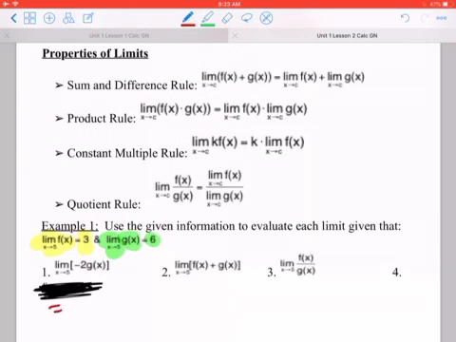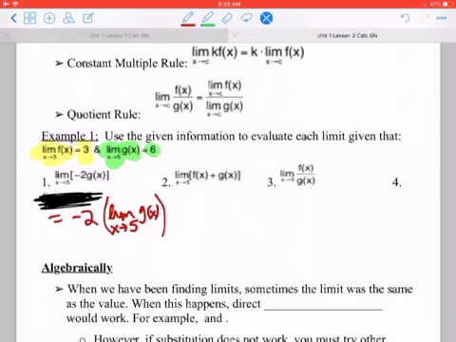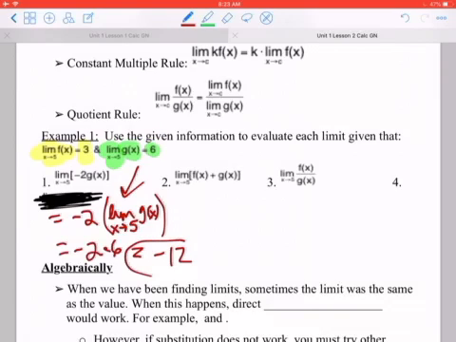Okay, so this will be the same as pulling negative 2, because it's a constant, out and then taking the limit as x approaches 5 of g of x. Okay, so that is your constant multiple rule. And since we are given that the limit as x approaches 5 of g of x is 6, this is just negative 2 times 6, which is negative 12. That's number 1.